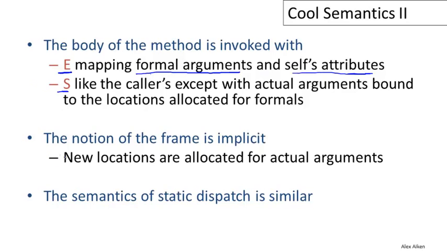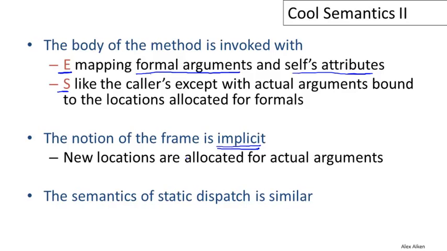Notice in the rules that the notion of a frame or activation record is implicit. We don't actually build a data structure that contains all of the values, all of the arguments, and the return address, and all that stuff together. That information is not gathered together in one place. It's a little more abstract. We don't actually have to say whether things are allocated on the stack or on the heap, and that's a good feature.